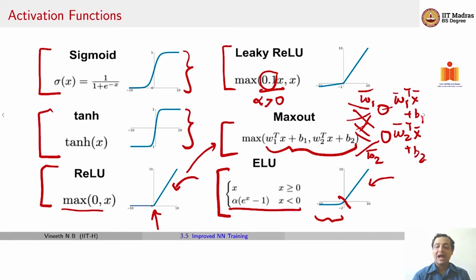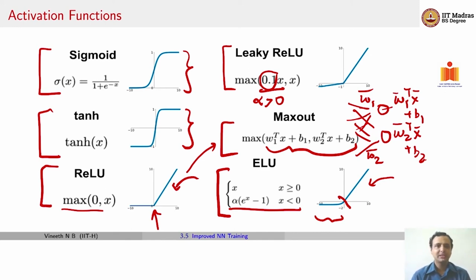So now the activation of both of these neurons is given by the max of these 2 values. It's not a very traditional activation function. The activation function is not defined on a single neuron, but on a group of neurons.